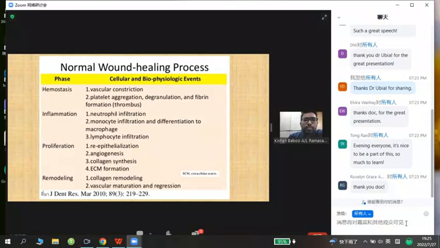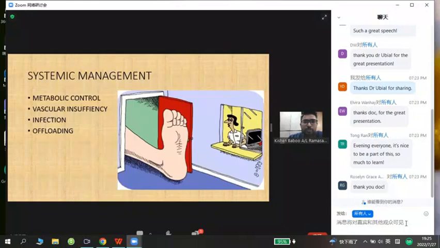The proliferation part will help with your angiogenesis, meaning you'll help to reproduce your tissue, your blood cells, your nerves. And the last one, remodeling, will have your highest uptake of collagen, where it helps to finally close up the wound. So there are 2 types of management: one is surgical and also systemic management in treating diabetic foot ulcers.